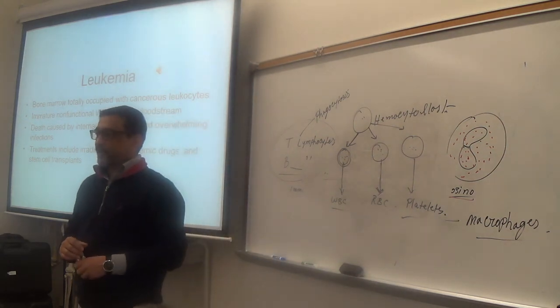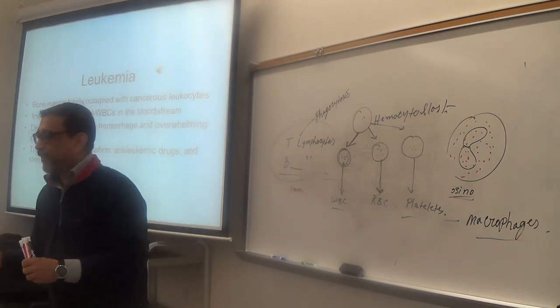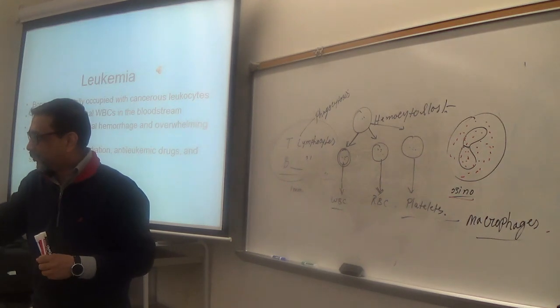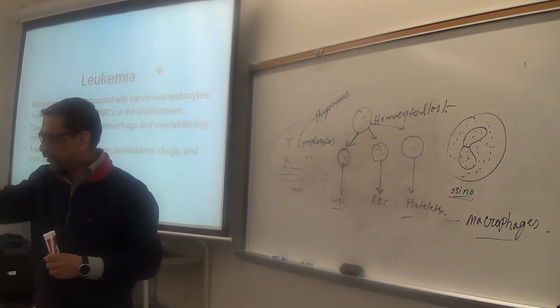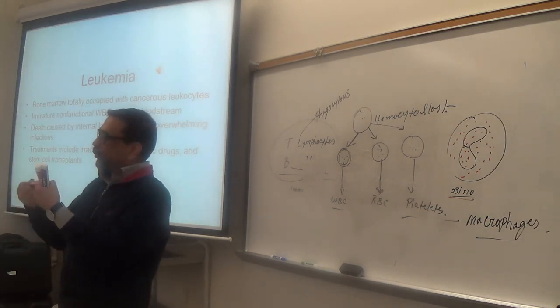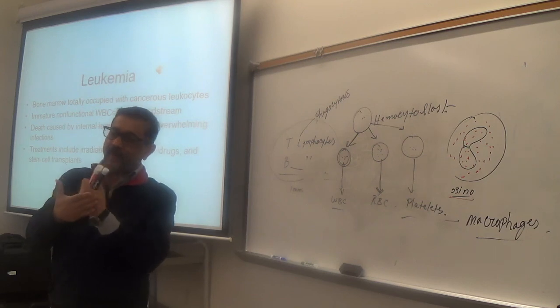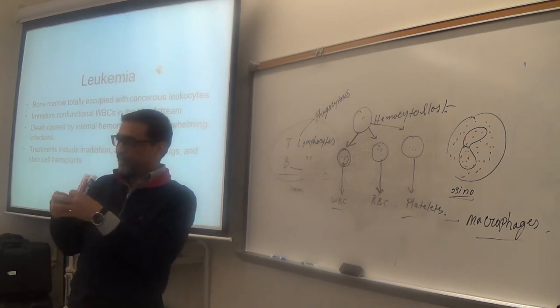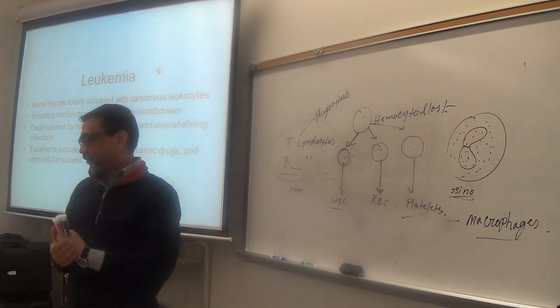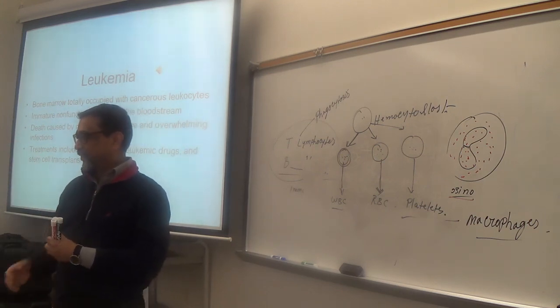And another is, since the white blood cell count increases a lot, blood becomes what? Viscosity? Thick. Viscosity increases. Make sense? So, when that blood will try to pass through narrow blood vessels or capillaries, because of that viscosity, pressure will rupture the capillaries or thin blood vessels.